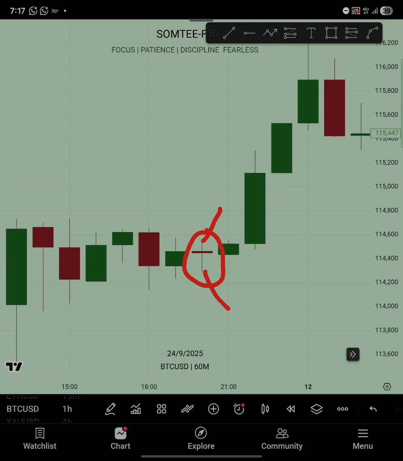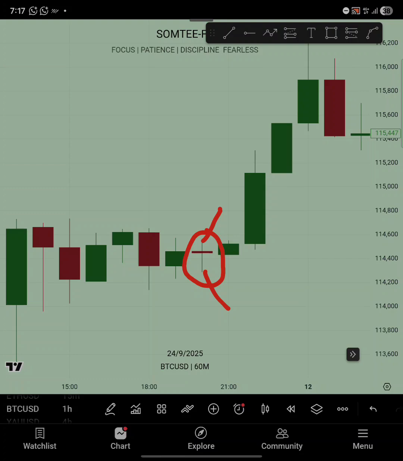The body is either the full red body or the full green body. That is what it's called body. When you say the candle has a full body, is when the candle created a full body. But the wick is the line you see beside the body, the down part or the upper part of the body. That's the wick.